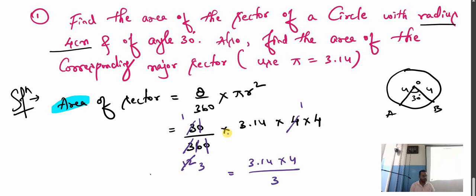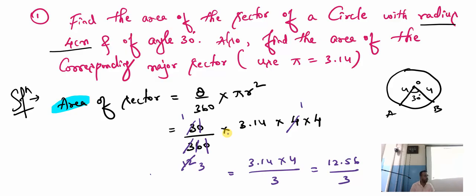Am I right? 3.14 into 4 divided by 3. If you now calculate this value, 3.14 into 4 is 12.56 divided by 3.